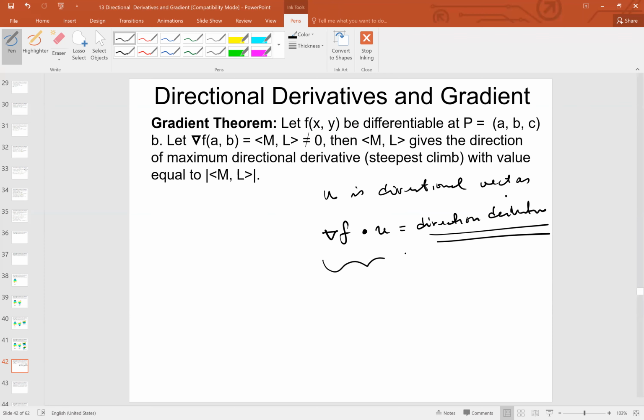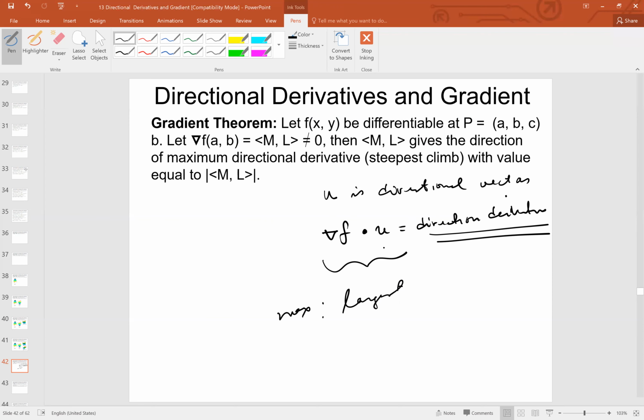And then the question is, when is this the biggest, the max? The larger it is, the steeper the line is. That is the direction of the steepest ascent, assuming it's positive.